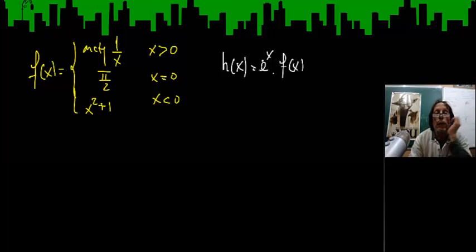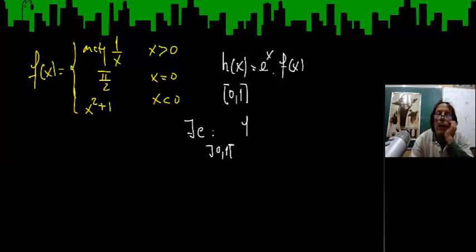And I want to show, if I take this interval over here, which I'm going to write down, the closed interval 0 to 1, that there is a point, let us say C, which belongs to the open interval 0 to 1, where the derivative of h at C is equal to a minus 2 times pi over 4.